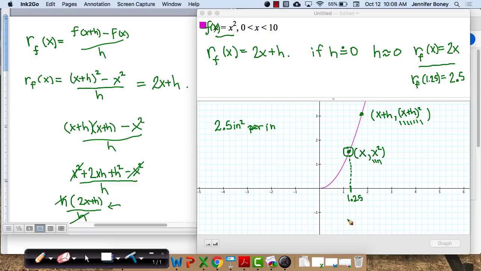As long as I make a small change in the side length, I would expect the area to change by 2.5 times that number.